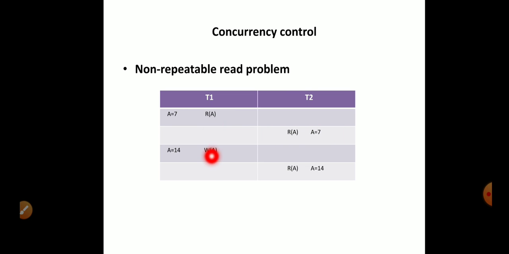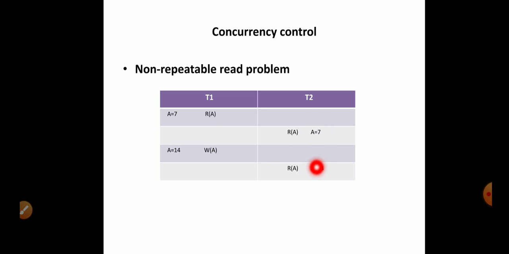T1 writes the value of A as 14. After some time T2 again reads the value of A, which is now 14.